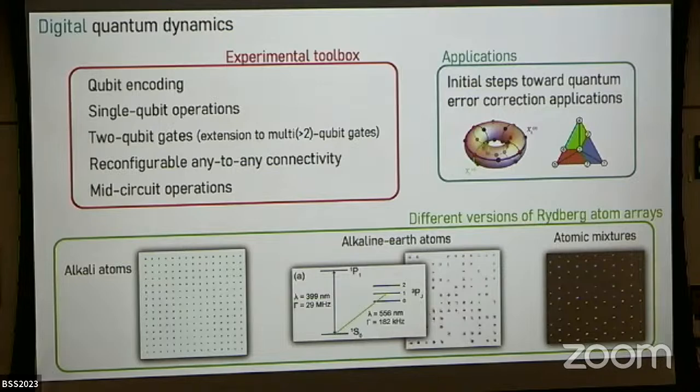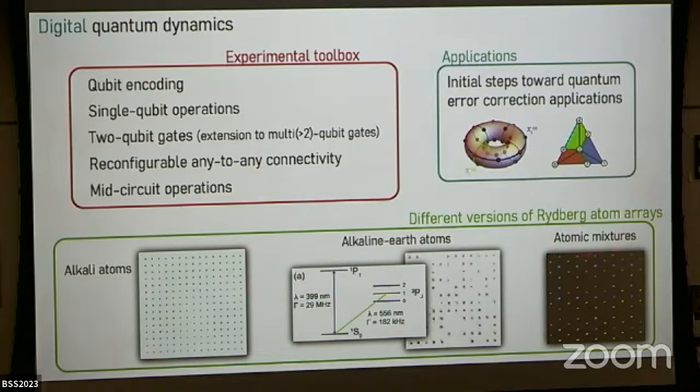We are going to look at some applications: what has been done towards the first steps of quantum error correction. Then we want to comment on the different versions of these Rydberg atom arrays studied so far. We mentioned in the first lecture that you can use alkali atoms, but also alkaline earth atoms or atomic mixtures.